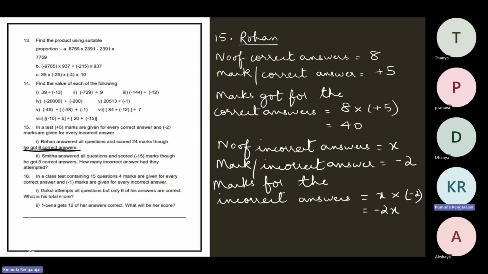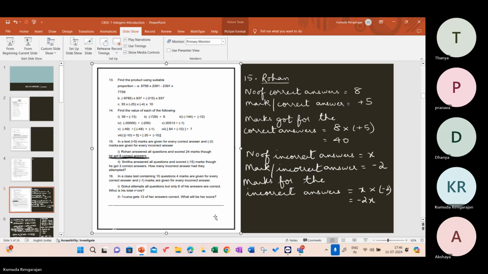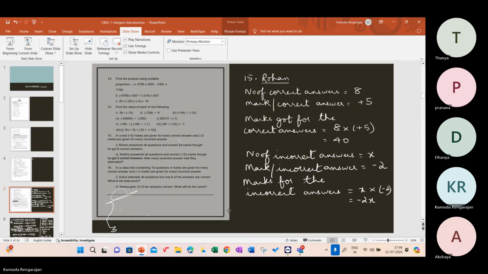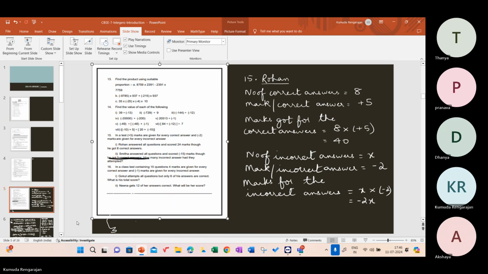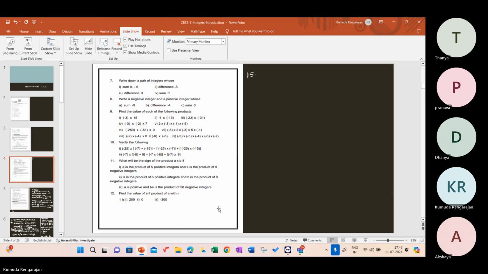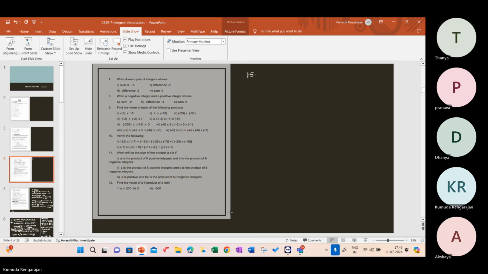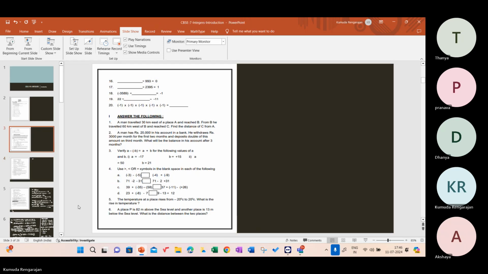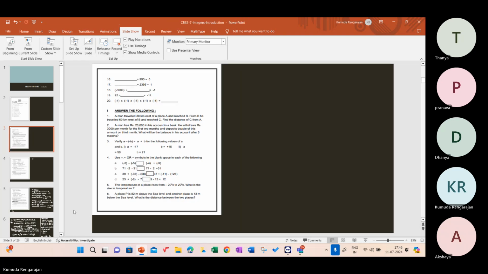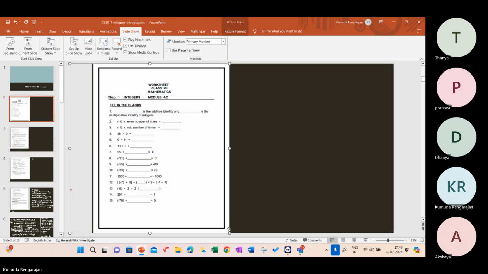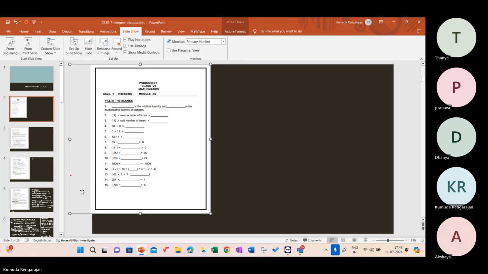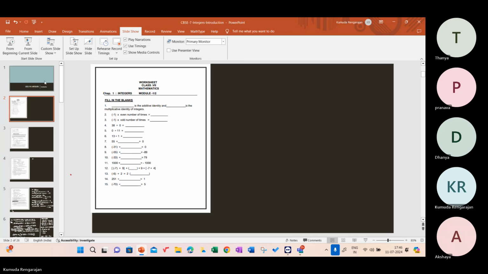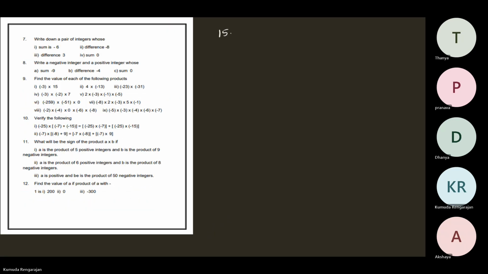The options are in white and the paper is in white, so I'm not able to see the icons at all. Just a minute.